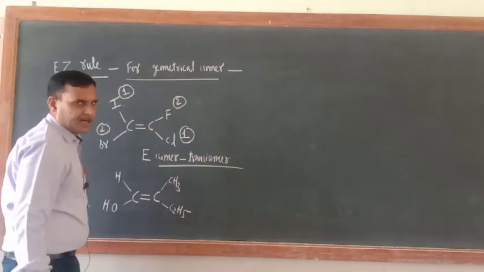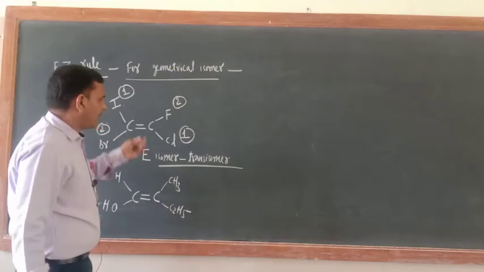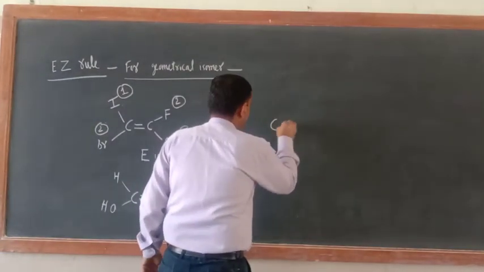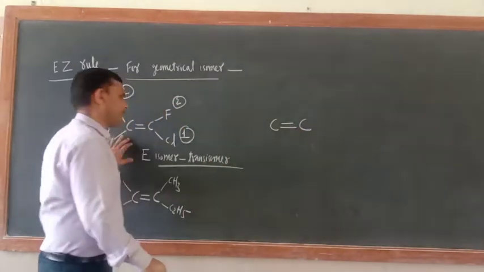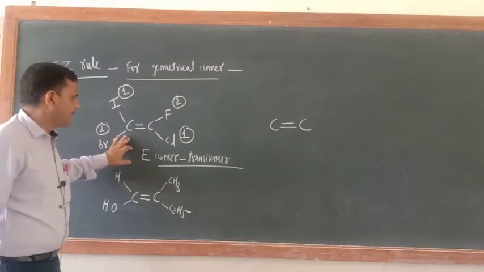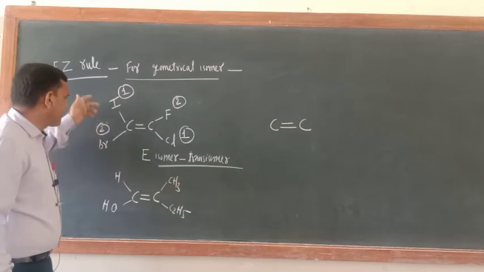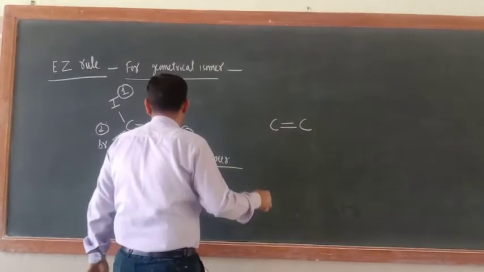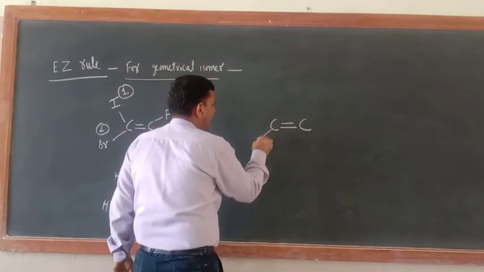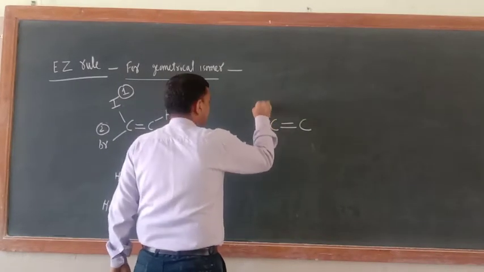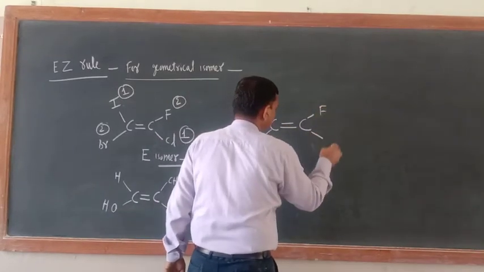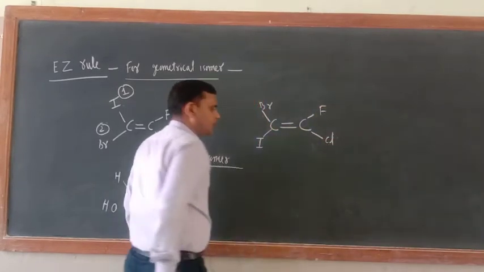Correct, trans isomer. Now just see, this compound can be written like that also, there is no difference in the IUPAC name. You can write I this side or Br this side, that doesn't matter in IUPAC. Now let us change this one, put I on this side and Br here, and let F and Cl stay the same. Do the same thing for this one also.